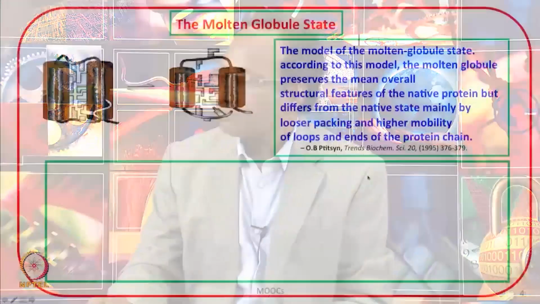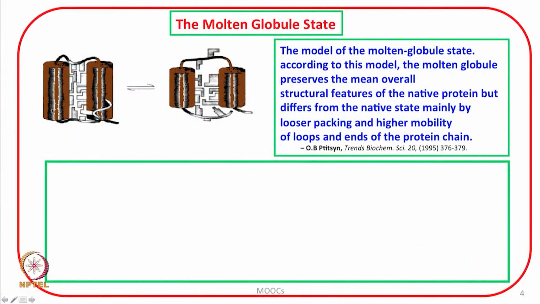Let us take a look at this figure. This figure represents a cartoon picture of the formation of the molten globule state, and this was proposed by Tritson in 1995, where this part of the figure represents the native state and this part of the figure represents the molten globule state.